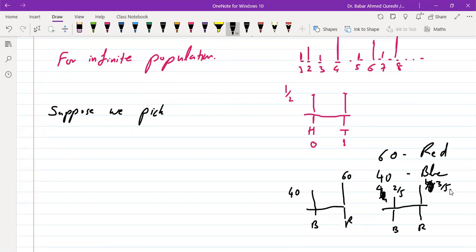So your variable is different from the number of elements in the population.